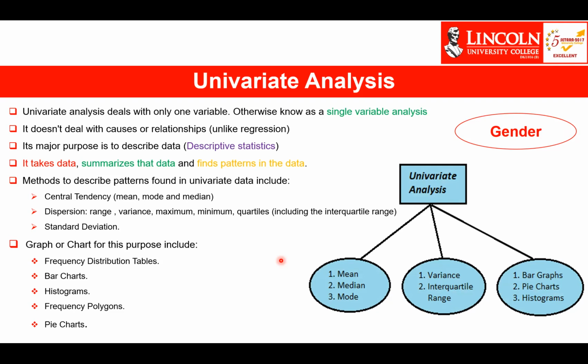Graphs or charts for this purpose include frequency distribution tables, bar charts, histograms, frequency polygons, and pie charts. So these are the graphs or charts that can be used to graphically present this kind of variable.